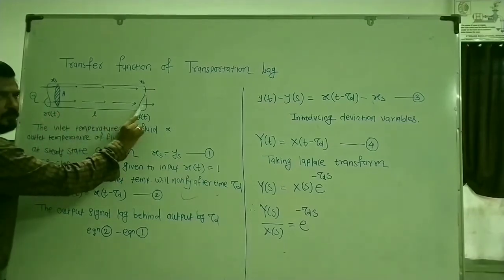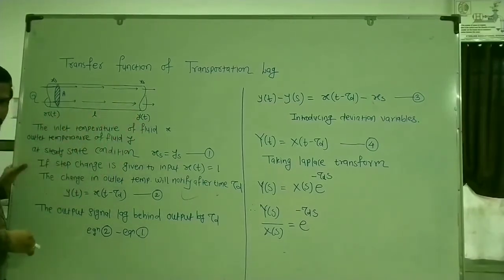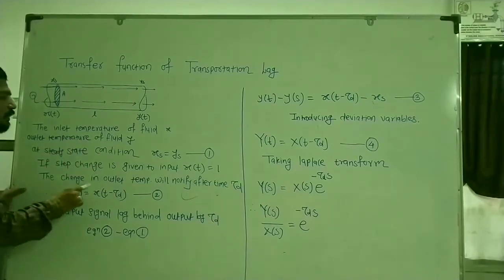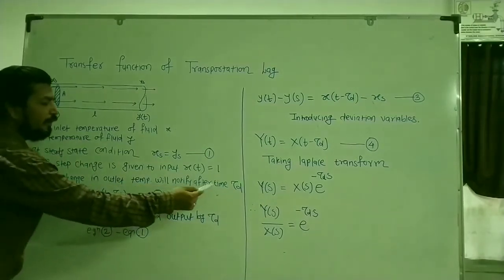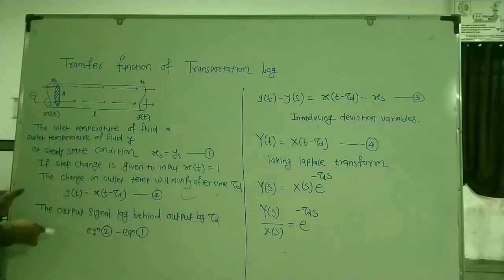That is the transportation lag parameter. There will be a delay in noticing the change in the output, though I have already changed the input. Therefore, I can write equation number 2: the change in the outlet temperature will be noticed only after time tau d. So y of t is equal to x of t minus tau d.